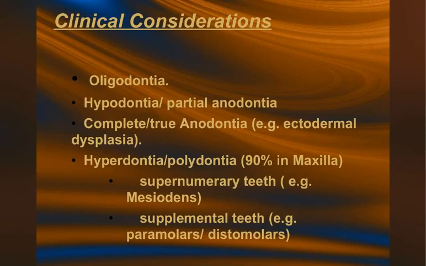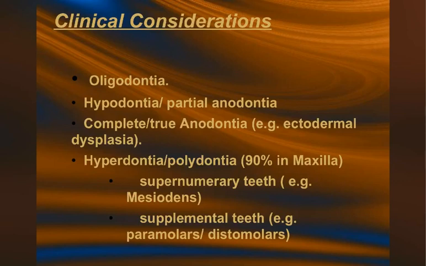Supplemental teeth, two examples of supplemental teeth. Sometimes we have extra premolar, and it's called paramolar. Instead of having two premolars, we have three premolars. And the third one is called paramolar.